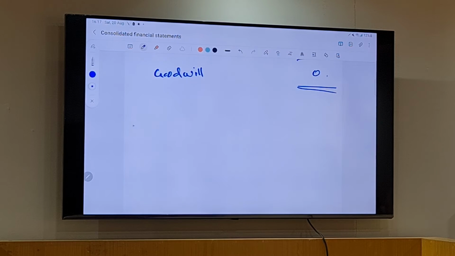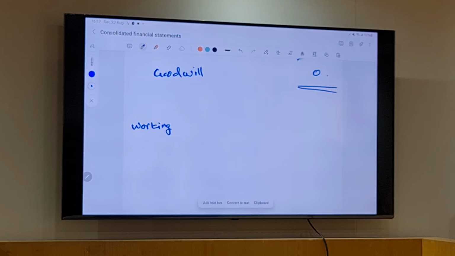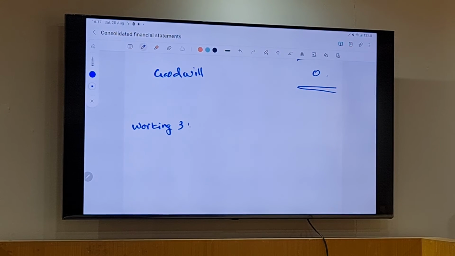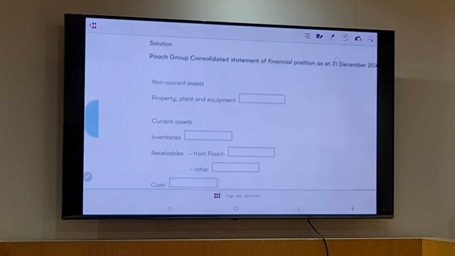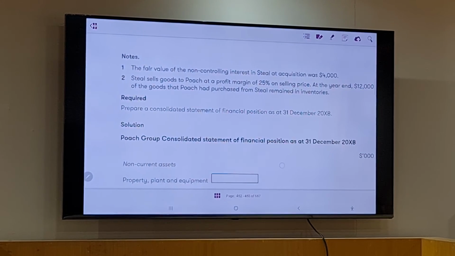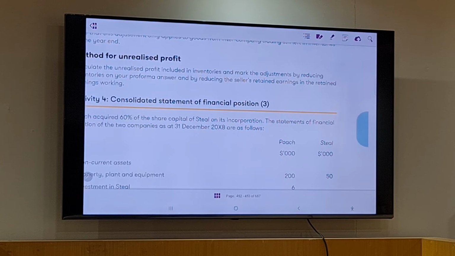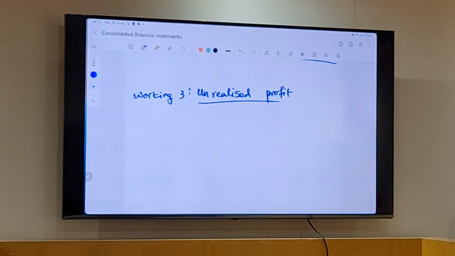Next working is number 3, unrealized profit. Now please tell me, is it downstream or upstream? Upstream, sorry.